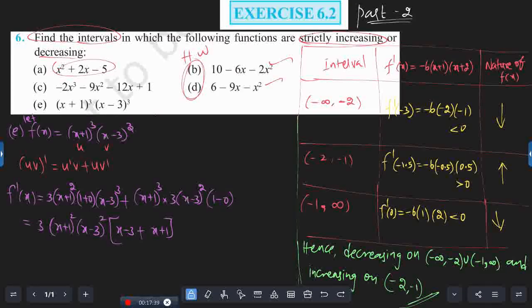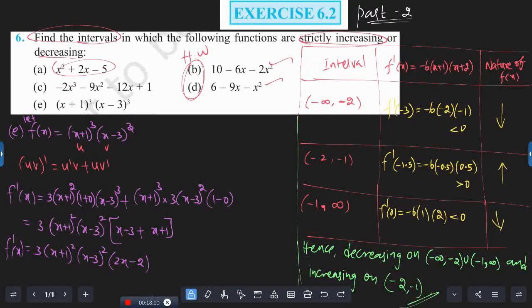Now simplify. What am I getting? 3 into (x plus 1) whole square, (x minus 3) whole square, then x plus x, 2x, minus 3 plus 1, minus 2. That's it. So this is our required f dash of x.